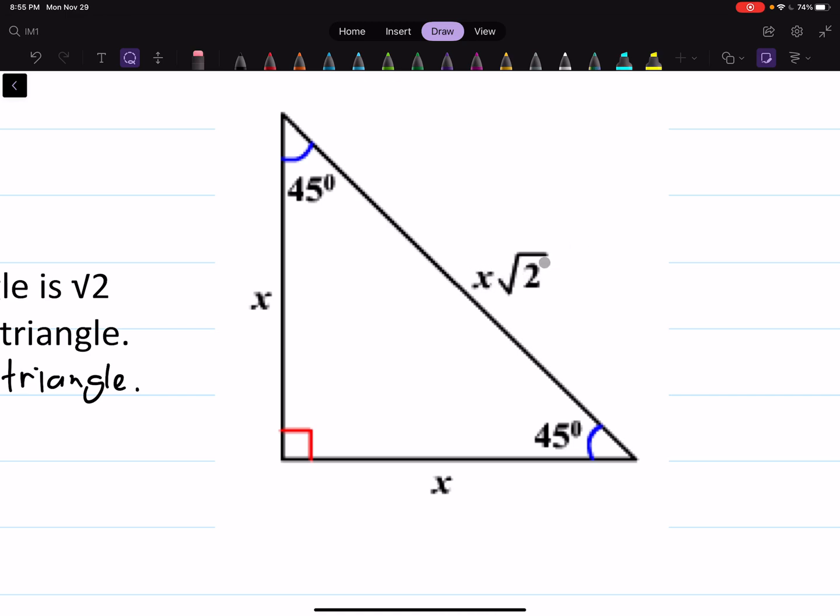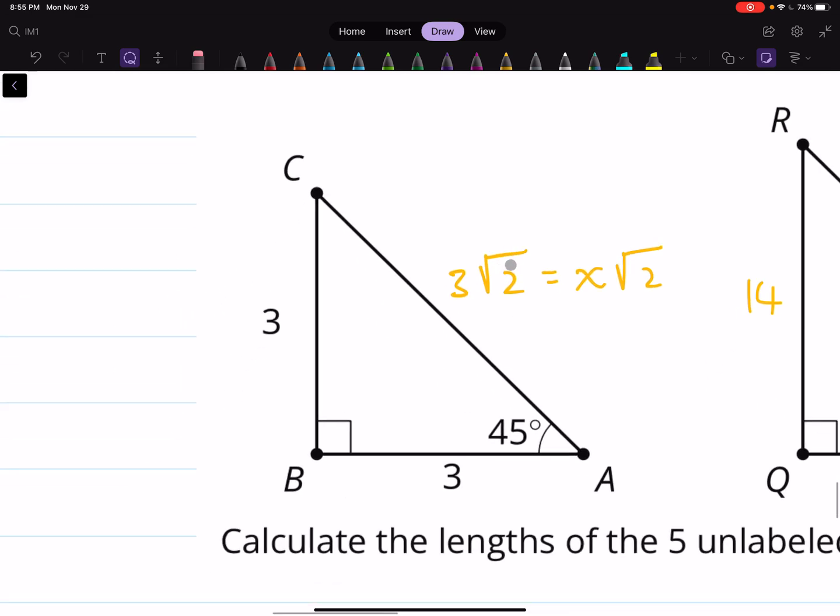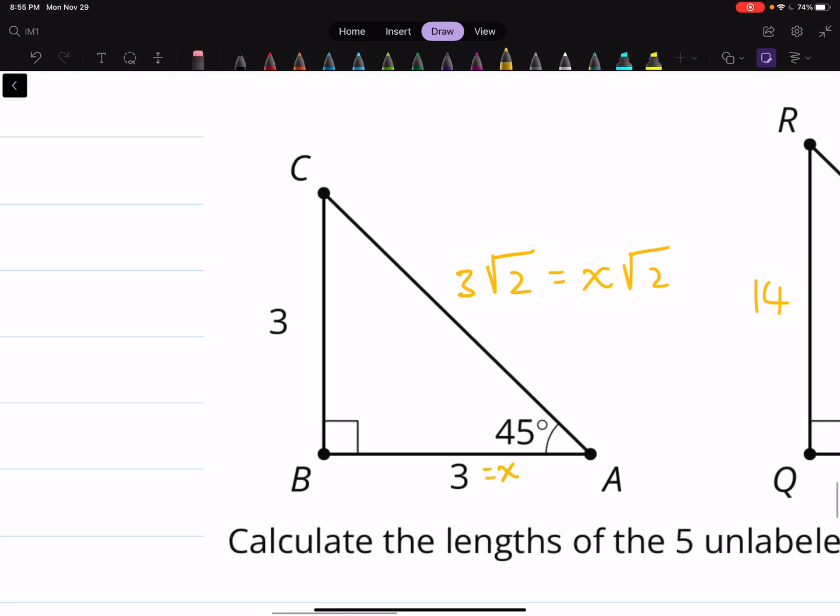Whatever the number is in front of the square root of 2, which is the x, will be the length of the leg. So if this is 3 square root of 2, the 3 would represent x. So that is how you find the length of this one.